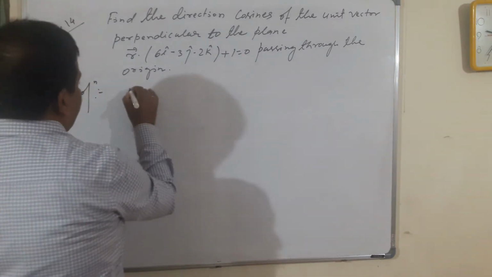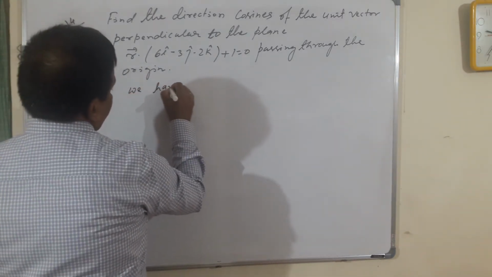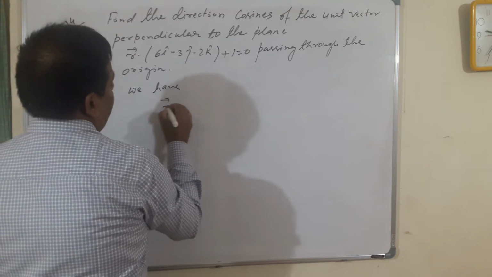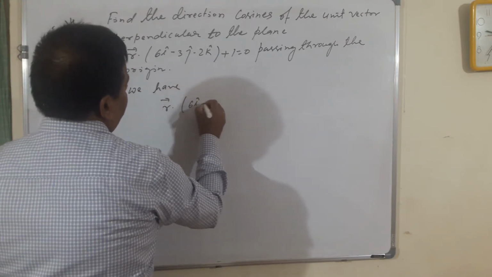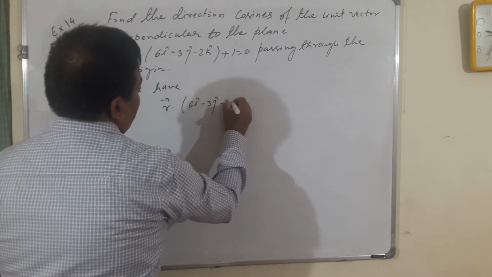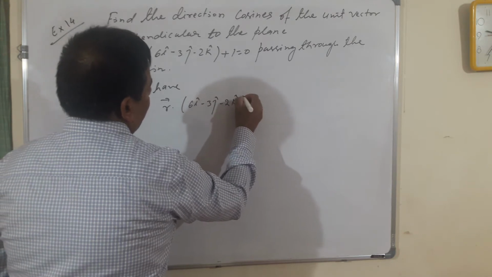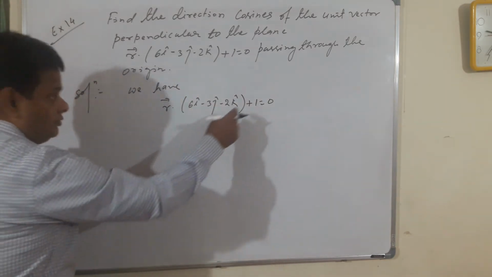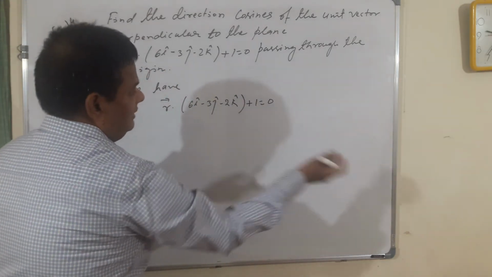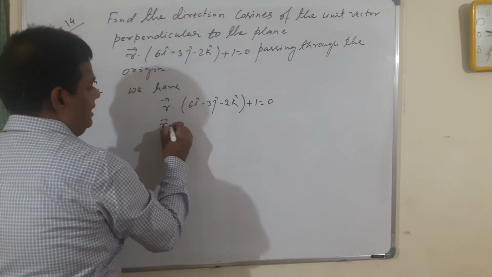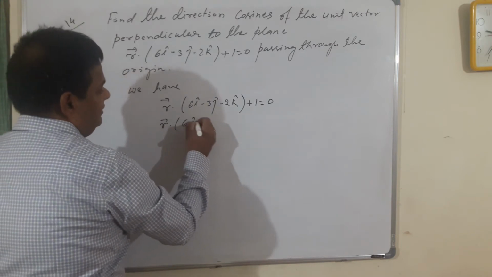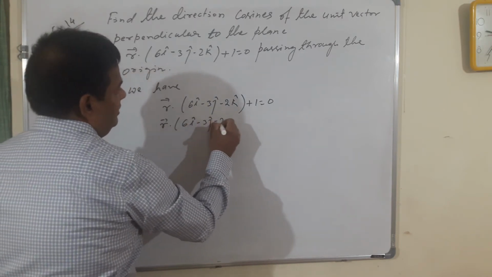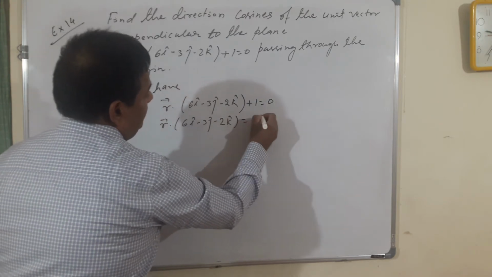So we have vector r dot 6i minus 3j minus 2k plus 1 equal to 0. So bring plus 1 to the right side: vector r dot 6i minus 3j minus 2k is equal to minus 1.